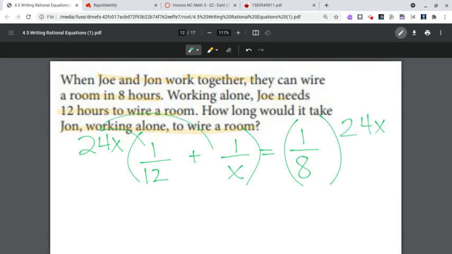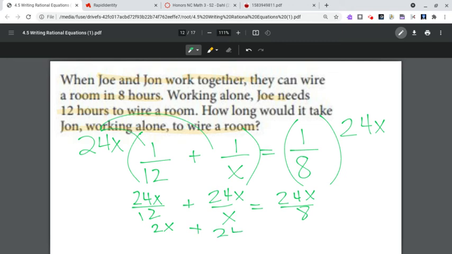Distribute in 24x over 12 plus 24x over x equals 24x over 8. 24x divided by 12 is 2x. 24x divided by x is 24 equals 24x divided by 8 is equal to 3x.